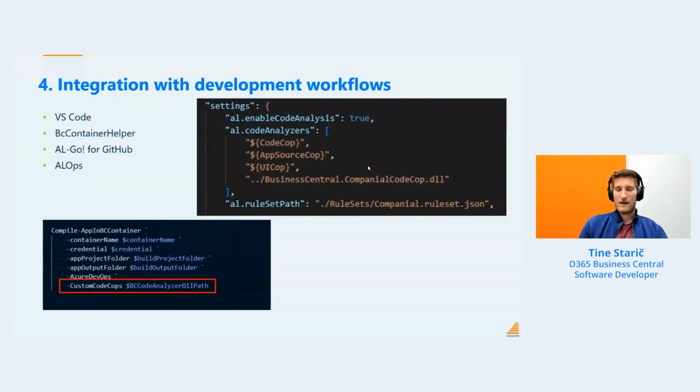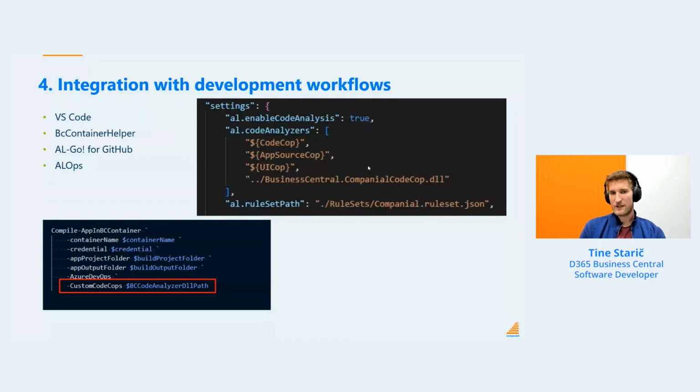Okay, now we've seen how we can create the .NET library. How do we integrate it with development workflows? We've already seen how it can be done in Visual Studio Code, but additionally, I'd like to share the best practice that we use here at Companial.